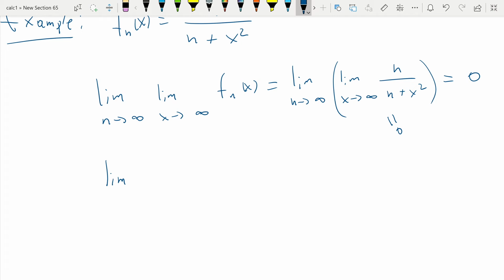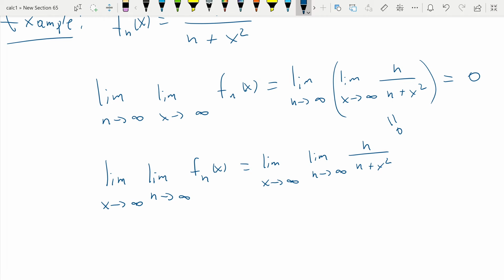But this is it. So if we instead compute the limit when x approaches infinity of the limit when n goes to infinity of the same family of functions fn of x, you get the limit when x approaches infinity of the limit when n goes to infinity of n over n plus x squared.